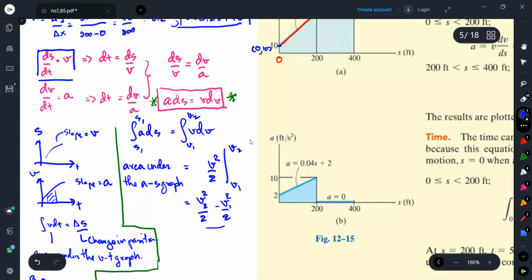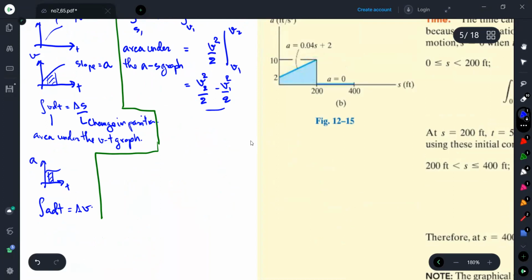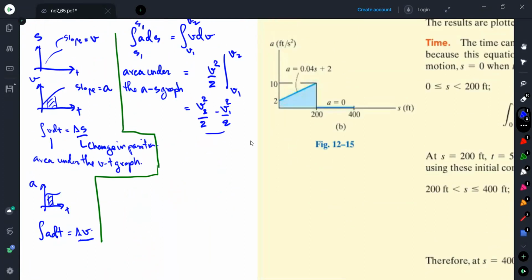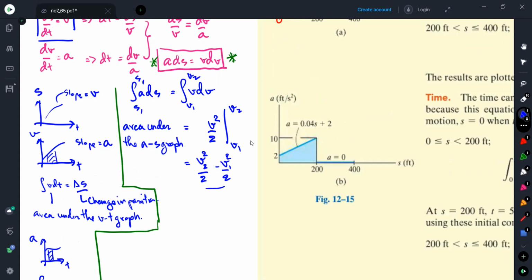That is one thing we have to remind ourselves: it is not the same as a-t. For a-t, the area under the graph becomes delta v directly. But for this case, it is not equal to delta v; it becomes a square term.